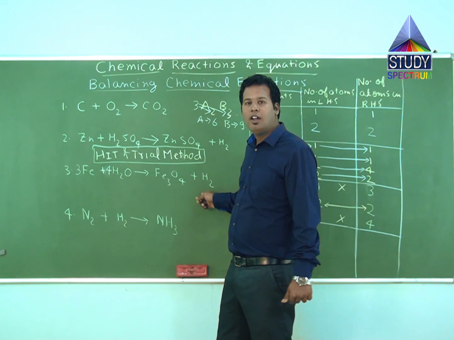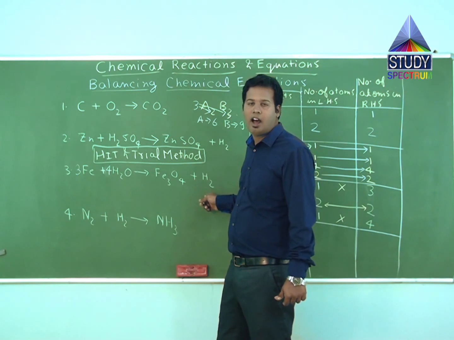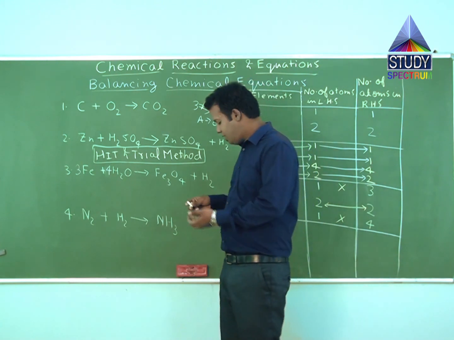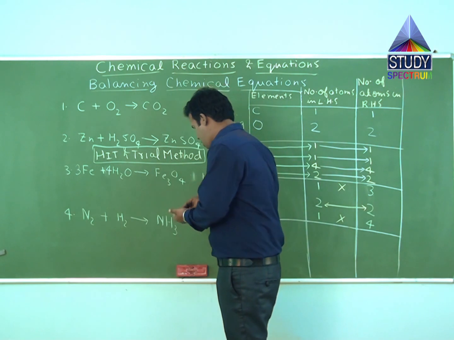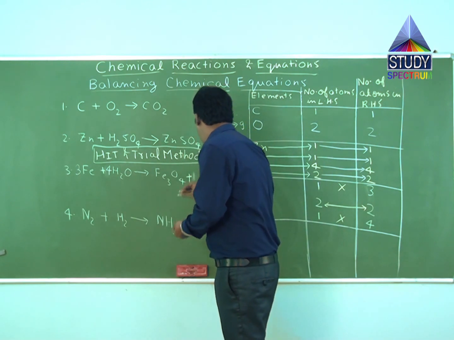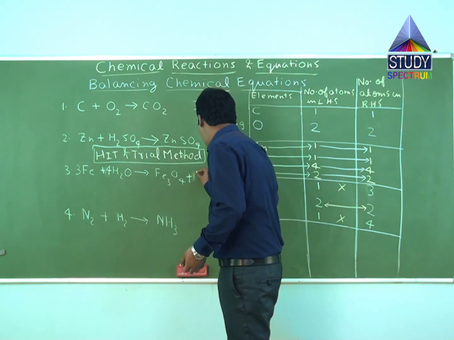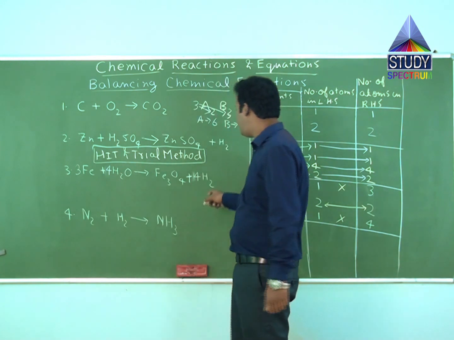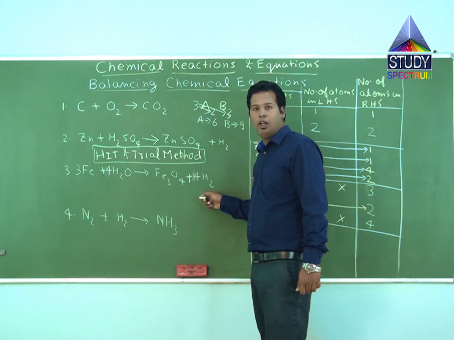Okay? It means we have to make some changes in RHS to make the hydrogen here also 8. So if I change the stoichiometric coefficient of H2 from 1 to 4, then let us see what the number of hydrogen atoms here becomes.